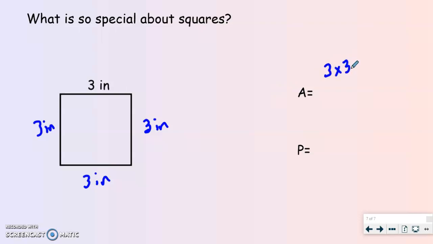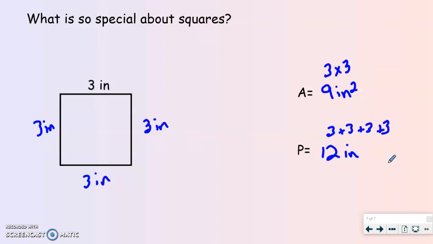That would be 9 inches squared for the area. And then perimeter would be the sum of all the lengths, so 3 plus 3 plus 3 plus 3. You can do a little cheat here and just do 3 times 4. So that would be 12 inches.